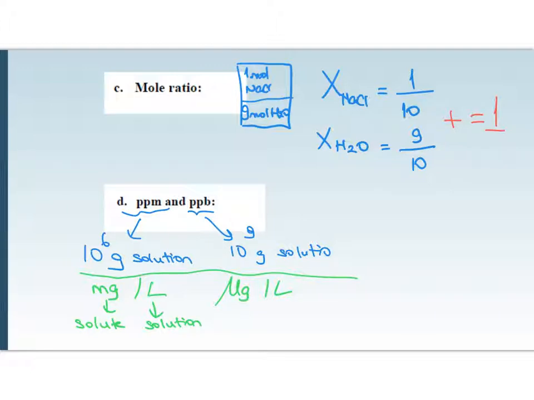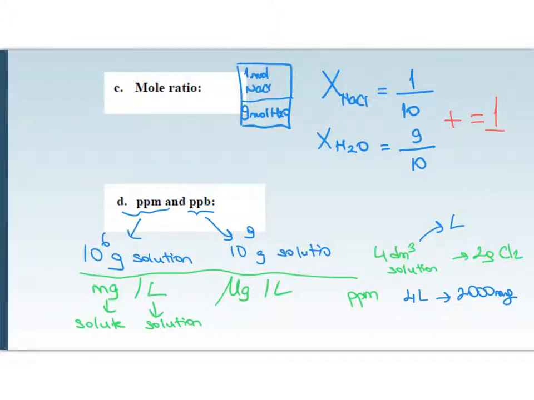So for instance, you are given 4 decimeter cube of solution, and it contains 2 grams of, let's say, chlorine gas. And if the ppm is asked, here is your ratio. 4 decimeter cube means 4 liters. Please be familiar with the volume unit conversions. 4 liters contains 2000 milligrams of chlorine.